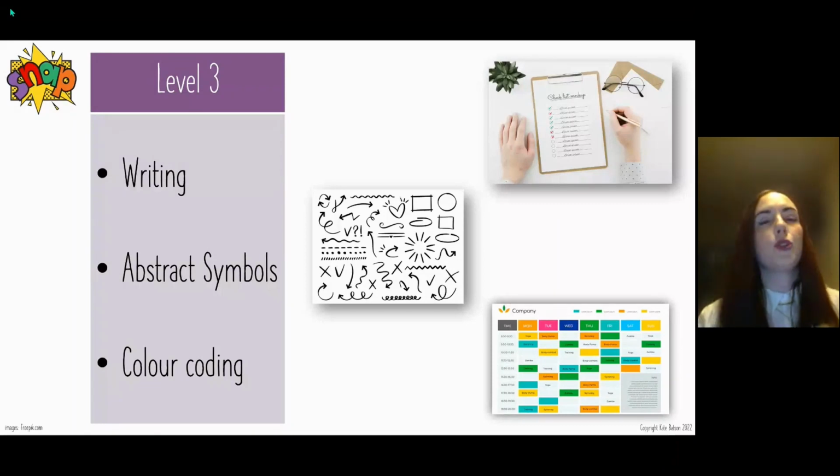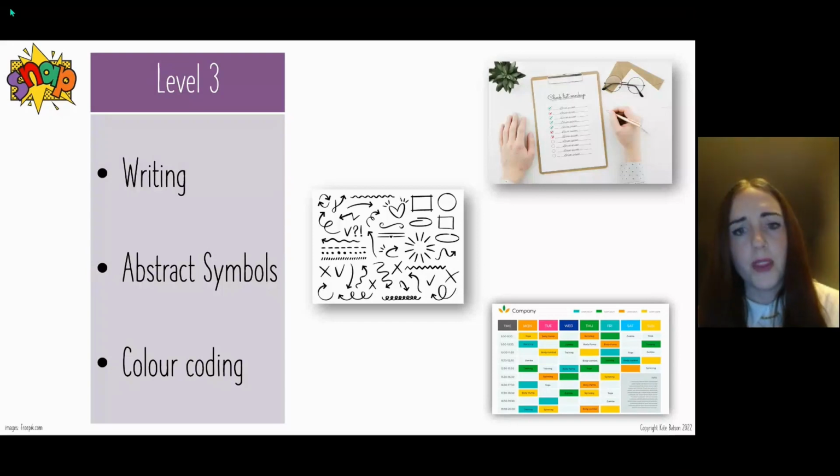So if it says the word school, we've got to be able to read that, and know that it means I'm going to be going to school. So it still takes that level of processing, and for some of our kids that is exactly what they need, and for some children we might start introducing those alongside using images.